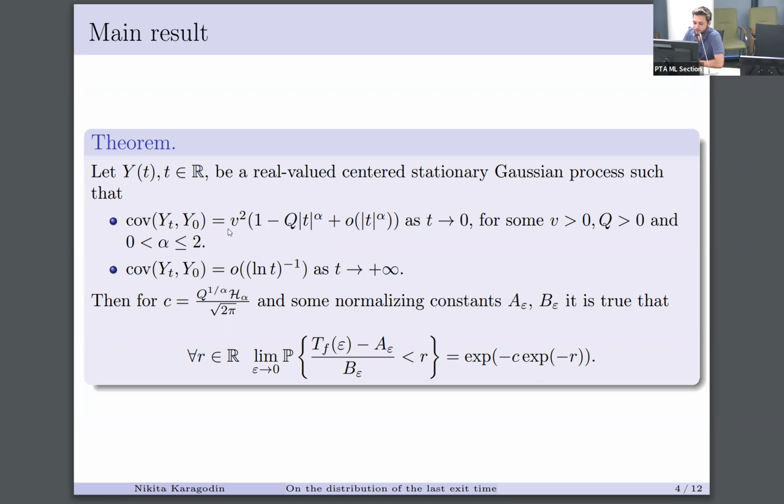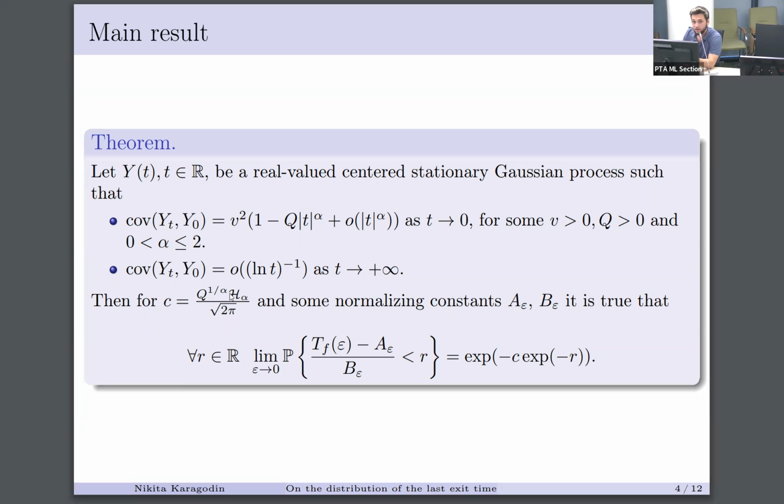And the second one treats its asymptotic behavior at infinity, and it says that it has to decay faster than 1 over logarithm of time. Under these two assumptions and with some constants, particularly C, which you can see on the screen, defined via Q, alpha, and pi.